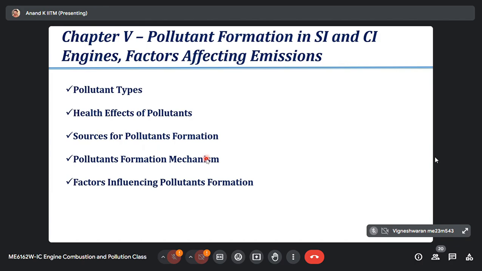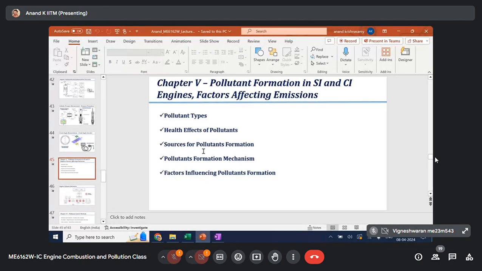When I say oxides of nitrogen, you have NO and NO2, among which NO concentration is very high in SI engines. NO2 is negligible, less than 3%. In diesel engines, NO2 concentration is also high, up to 10 to 30%. The rest is NO. So I will continue my discussion on the NOx formation mechanism, which we started in the last class.